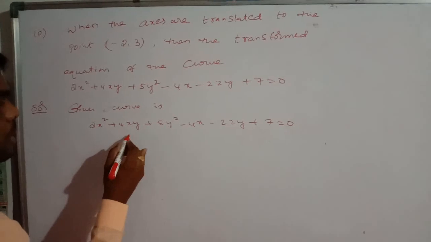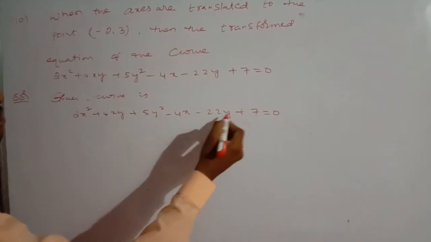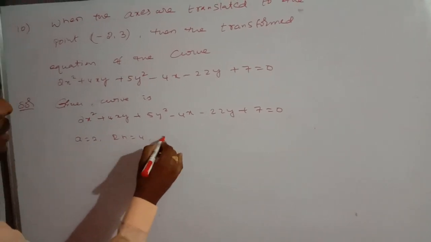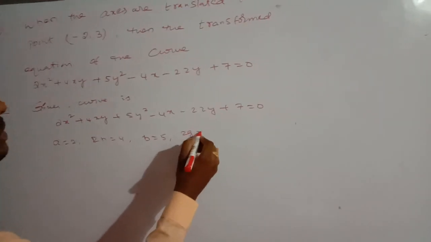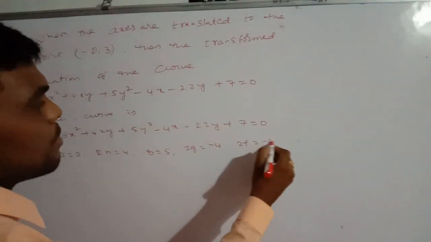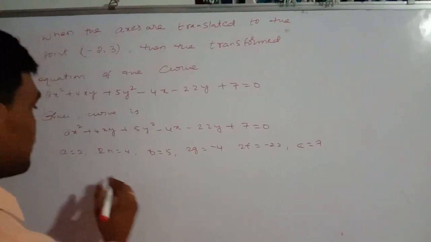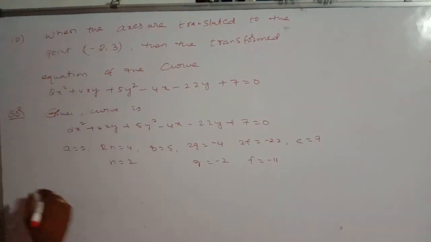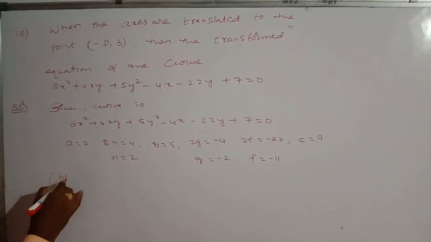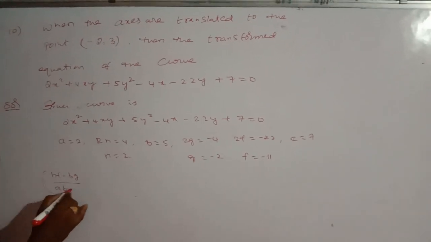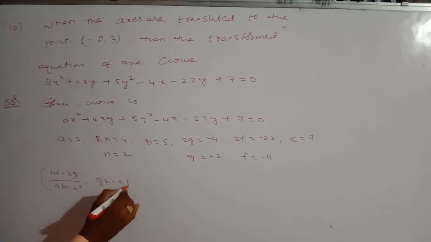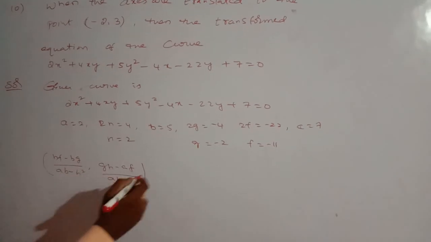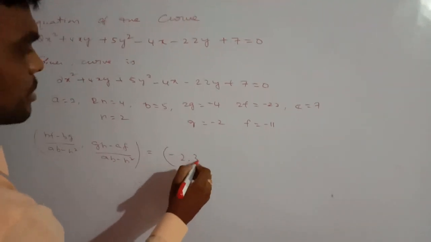Comparing with ax square plus 2hxy plus by square plus 2gx plus 2fy plus c is equal to 0, here a is equal to 2, 2h is equal to 4, b is equal to 5, 2g is equal to minus 4, 2f is equal to minus 22, c is equal to 7. So h is equal to 2, g is equal to minus 2, f is equal to minus 11. Now the point is (hf minus bg by ab minus h square, gh minus af by ab minus h square). Substituting values in this point, we get the required point (-2, 3).